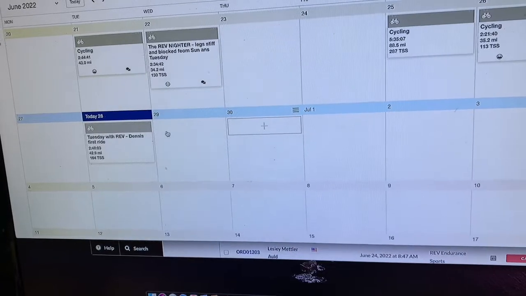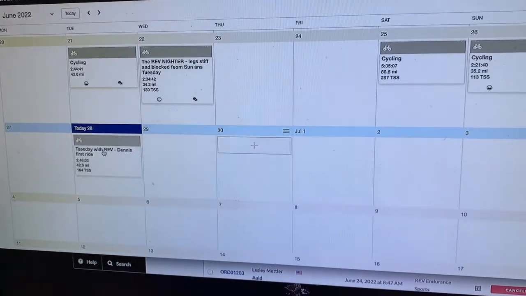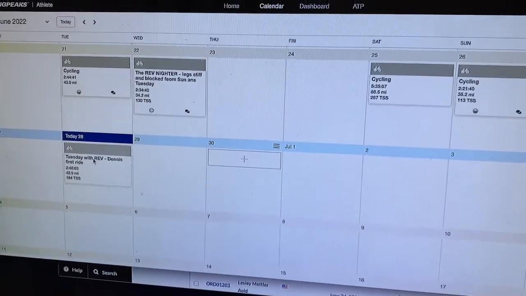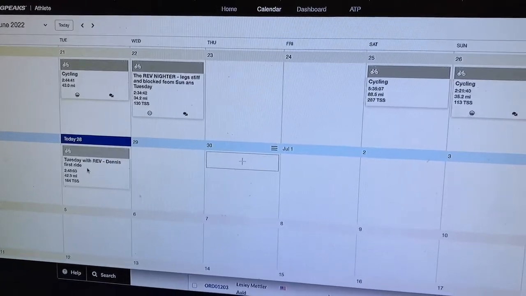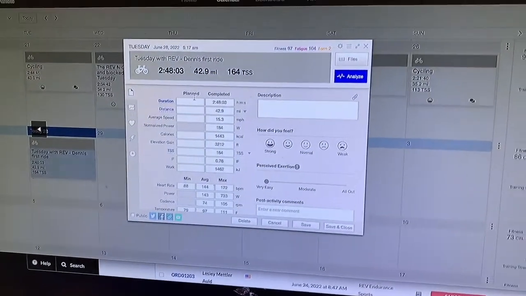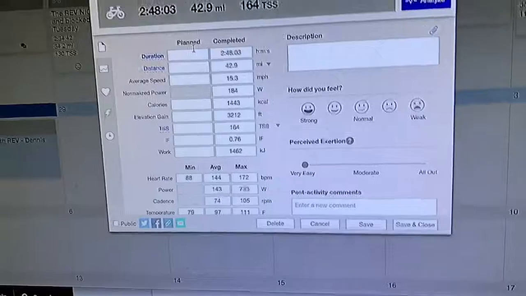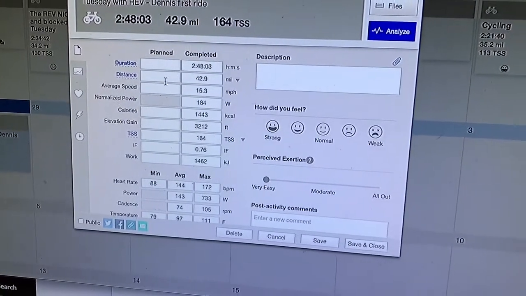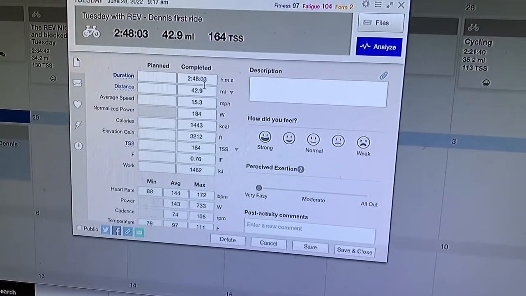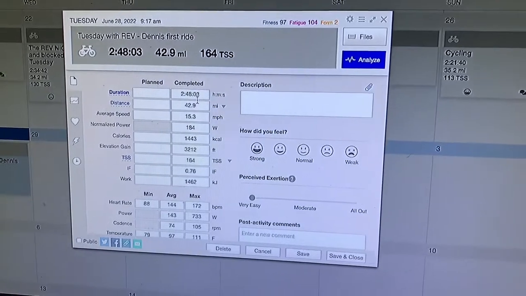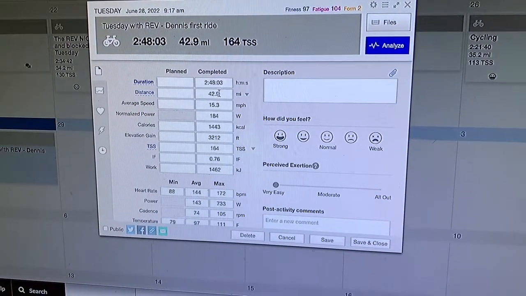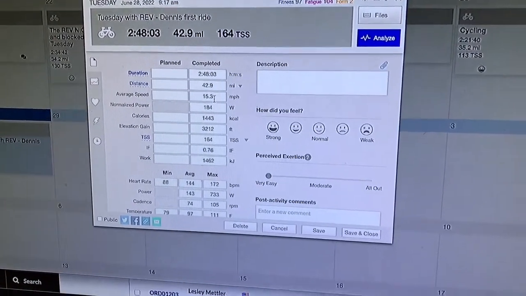Okay, so what we're going to do is just look at this ride here. This was today's ride. And the first thing you get is a summary, okay? It's about 2 hours and 48 minutes. The distance, the average speed.